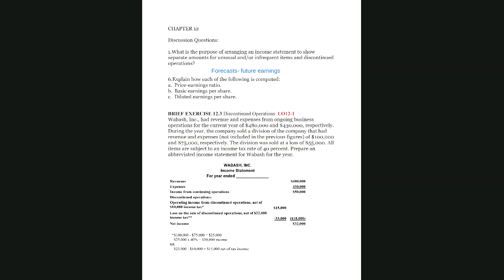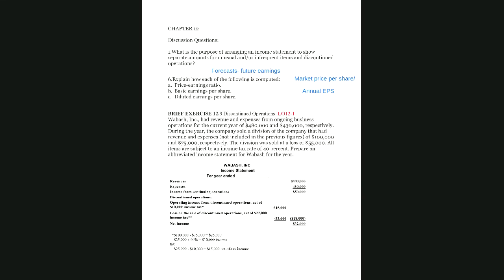Okay, this is the only ratio that we've ever discussed where the market price per share comes up, and it's market price per share in the numerator, and what is in the denominator? Annual earnings per share. These are really important ratios.